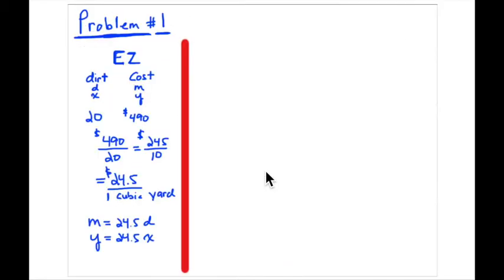$25. So Easy Hauling Company costs $24.50. We already figured that out. And that equation is the money is equal to $24.50 for every 1 cubic yard of dirt. So that's the equation. This is the unit cost, $24.50.